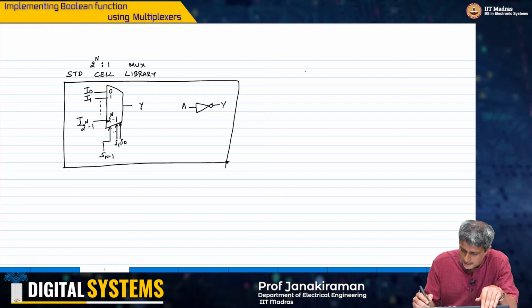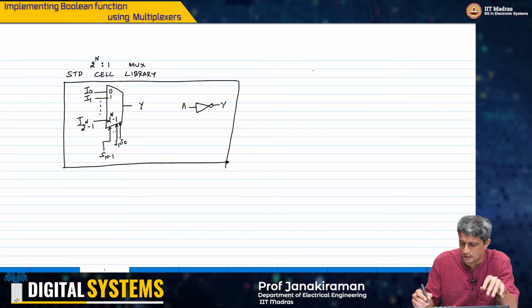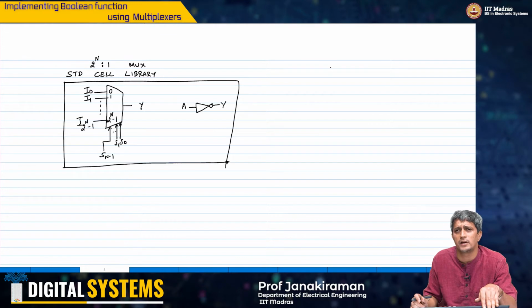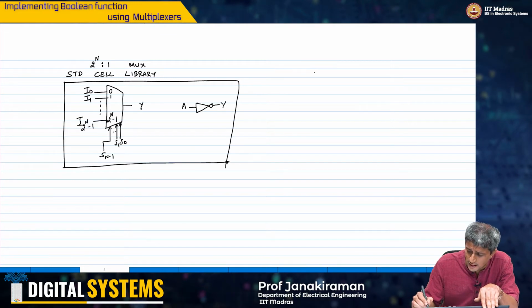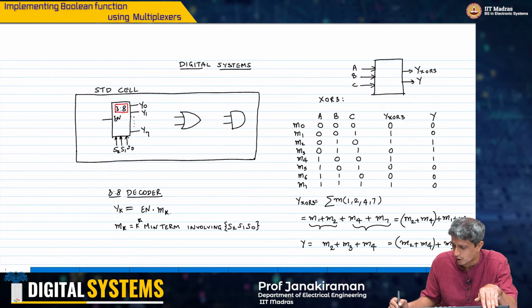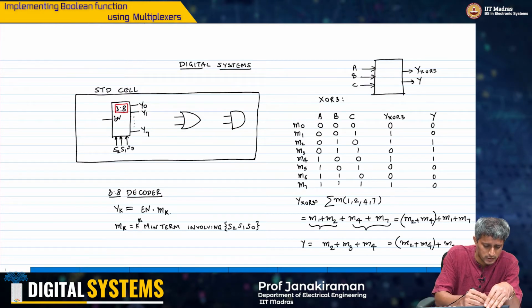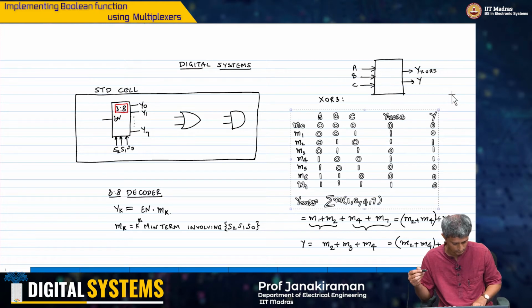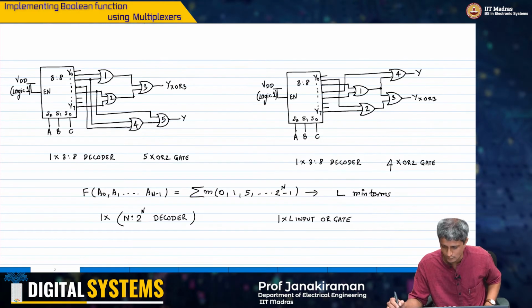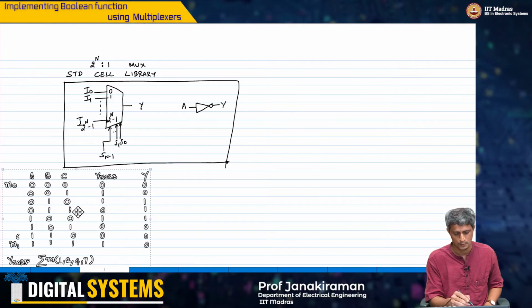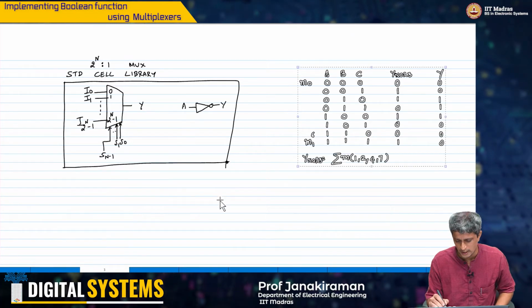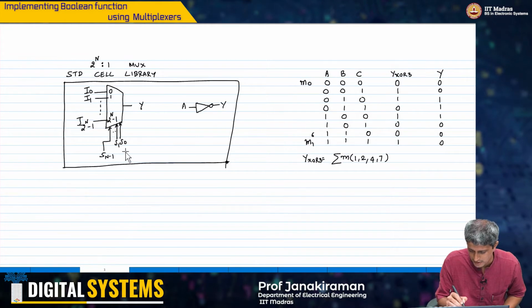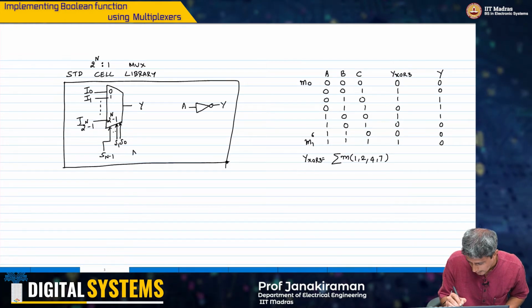Okay. So, let us again look at the same example that we had earlier, right? We basically said the 3 input XOR gate. Okay. So, let's consider this. And I am going to assume here that in my standard cell library I have n equal to 3.